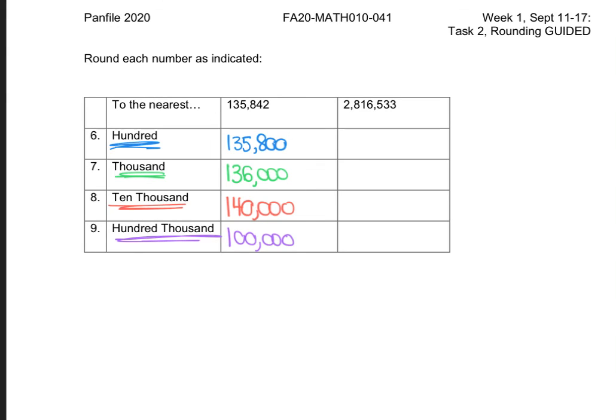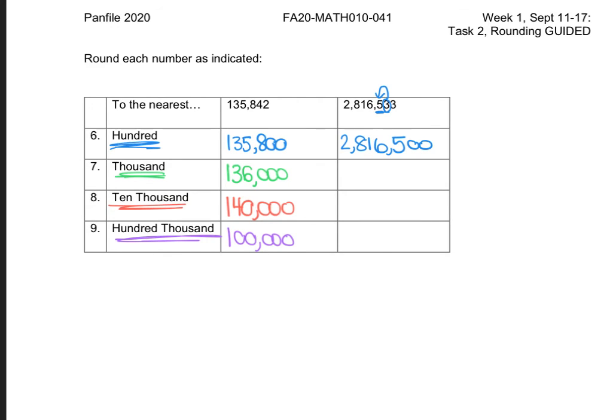Okay. So to the nearest 100, I'm looking at the 5 and the 3. The 3 says the 5 needs to stay the same, okay? And everything up until that point needs to be written. The 5 stays the same.